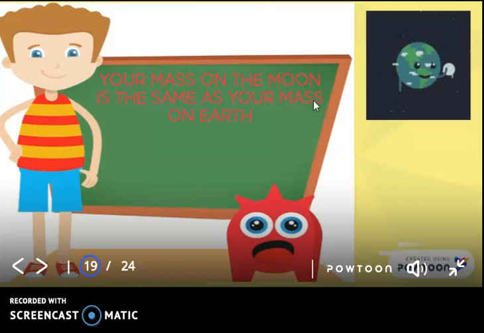So your weight will change, but your mass will not change. Your mass on the Moon is the same as your mass on Earth. If your mass is 30 kilogram on Earth, it will be the same mass on the Moon. It will not change.